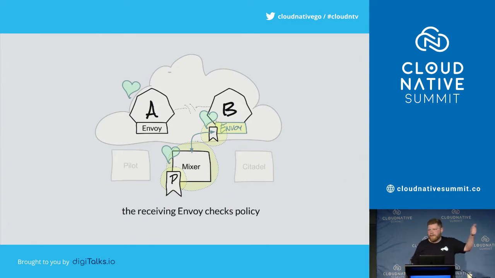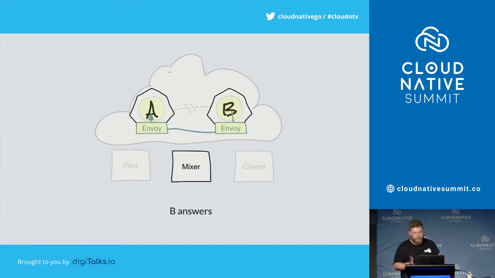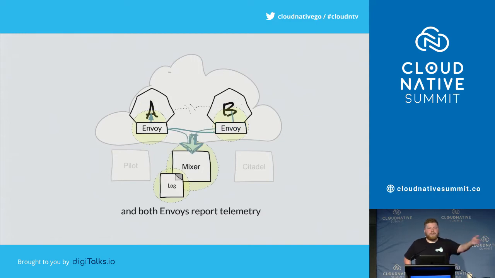And Mixer will either give a thumbs up or a thumbs down. If Mixer gives a thumbs up and allows the request, then Envoy will forward it back into B. If Mixer said thumbs down, no, this request is not allowed, Envoy will just drop the packet on the ground. And then B does whatever it has to do to assemble my response. If that's calling other services or reading a database, or if it's just cached in memory, whatever it is, we get our response and we hand it back.